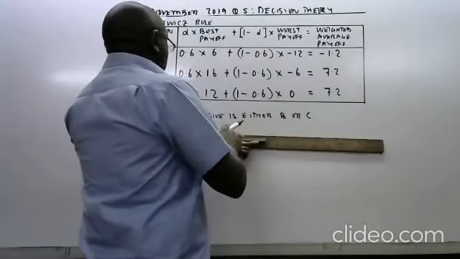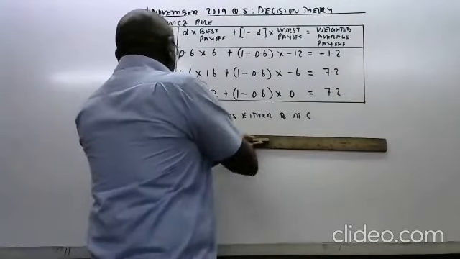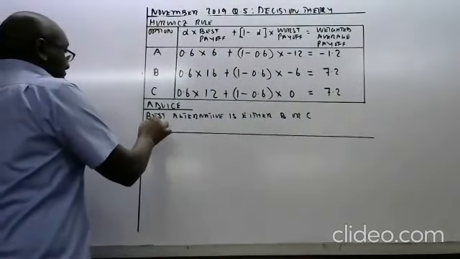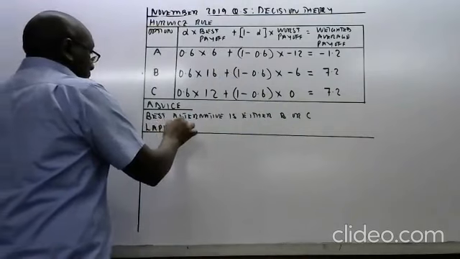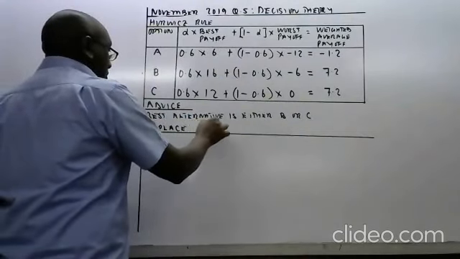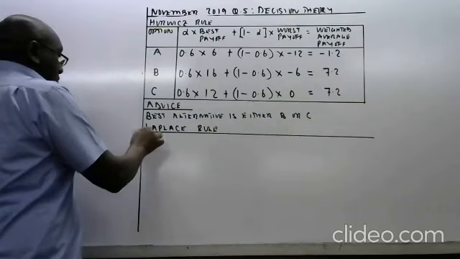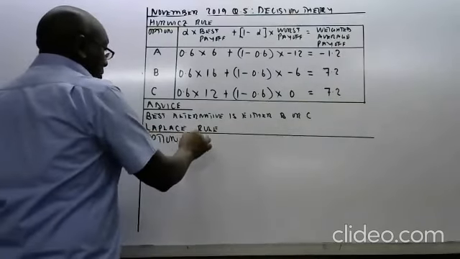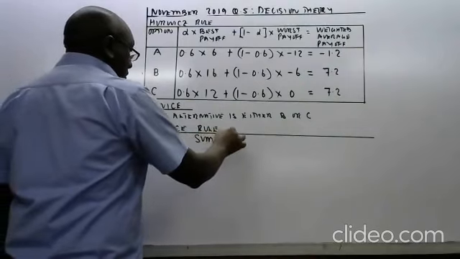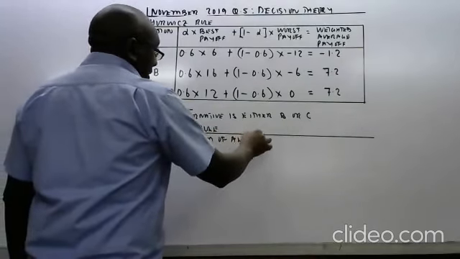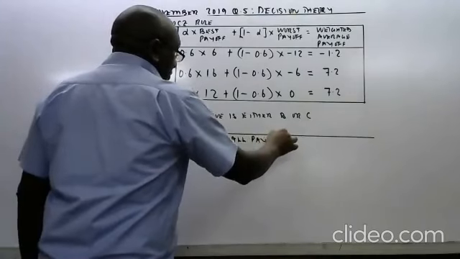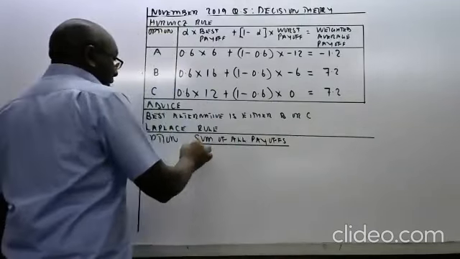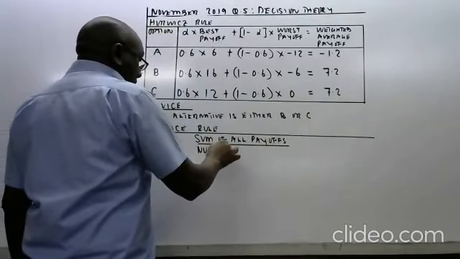The next rule is called Laplace's rule. In Laplace's rule, we have the options here, then the sum of all payoffs, which you divide by the number of outcomes.